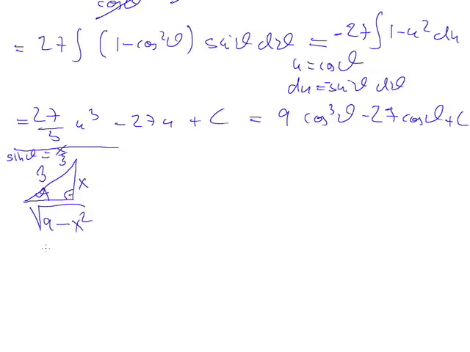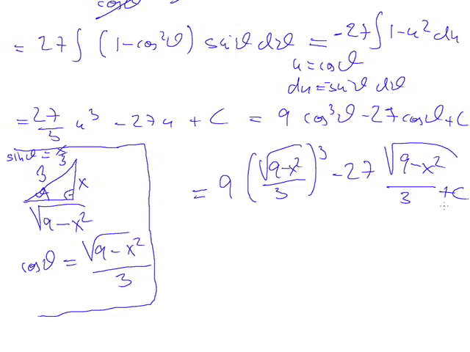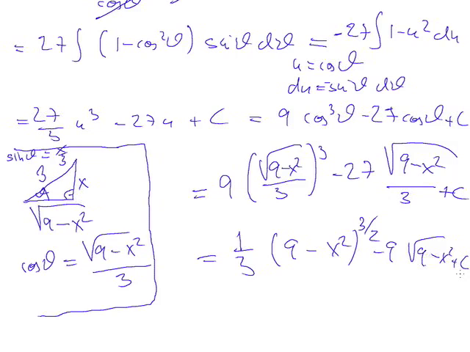So now we read off the cosine. Cosine theta therefore is the square root of 9 minus x squared divided by 3. Plugging this back in, if we want, we could simplify this first term a bit further. And we found our antiderivative.